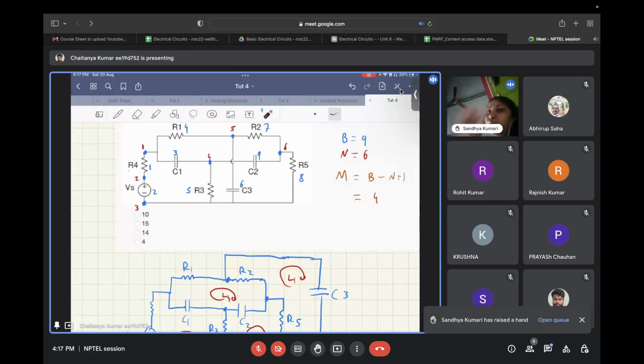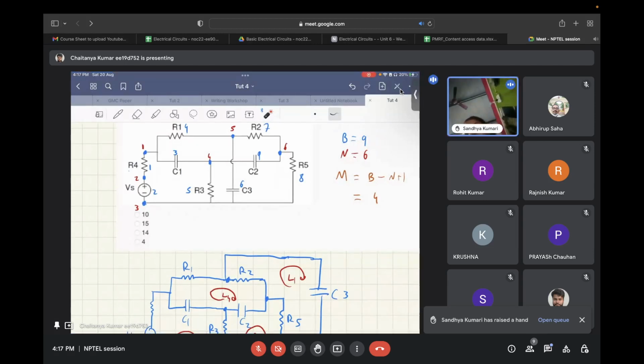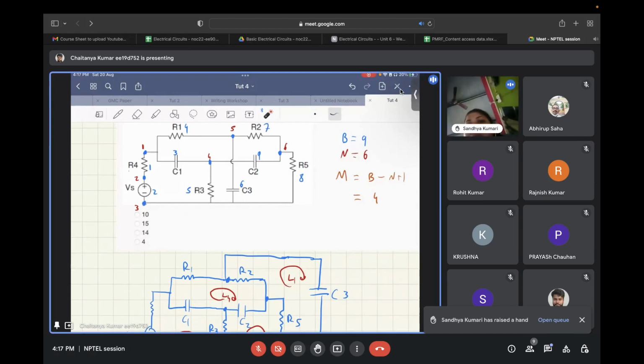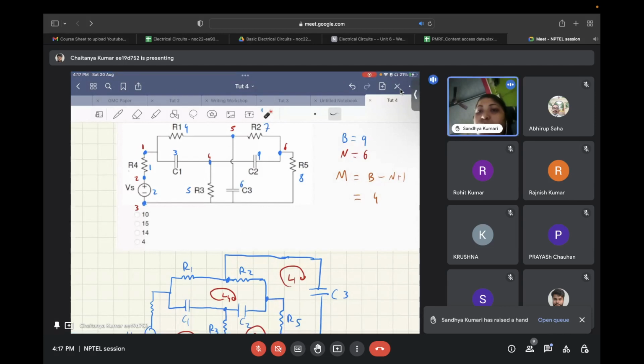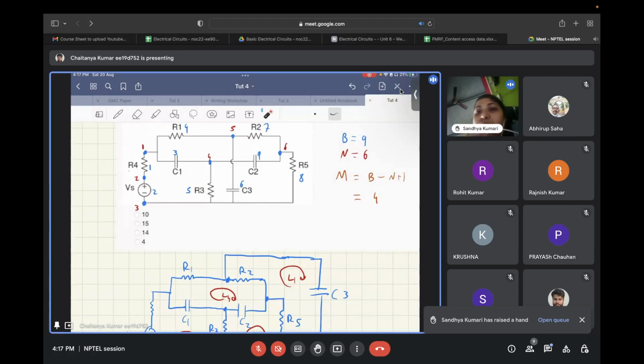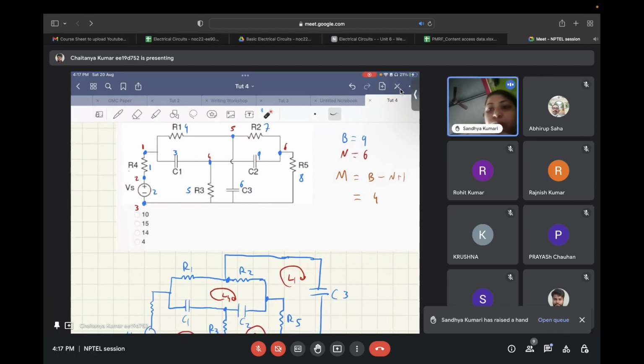Still, the number of meshes that you will require will come out the same. What you need to understand is, since this is very straightforward looking, generally you should prefer to consider each element as an individual branch, so that you don't miss out on any or make a mistake. Okay, sir, this I can follow. Thank you.